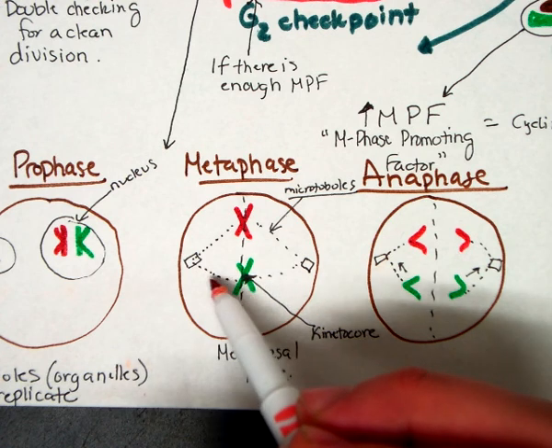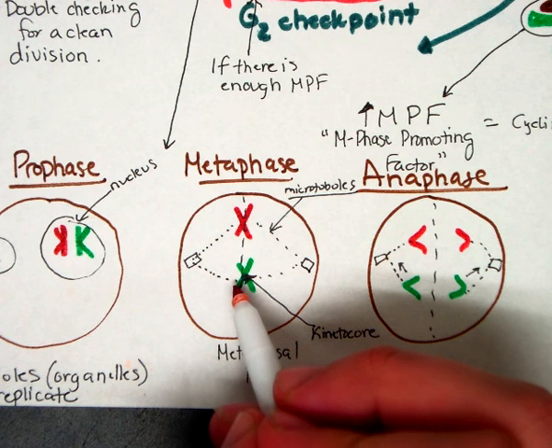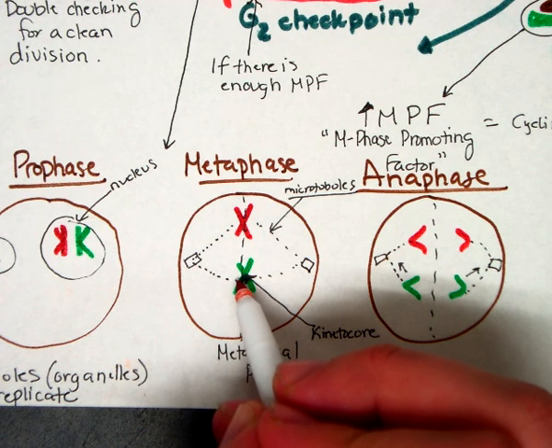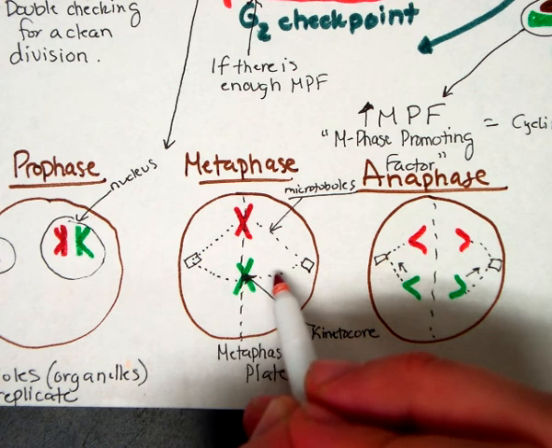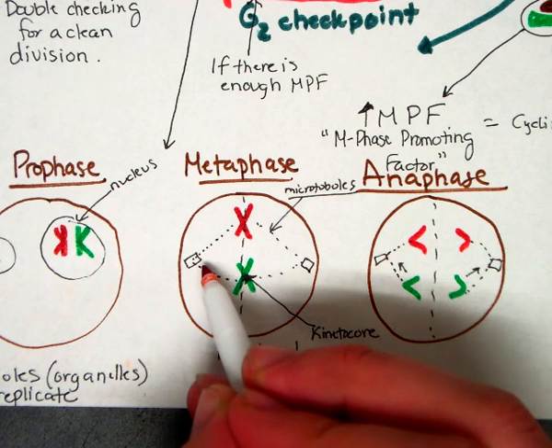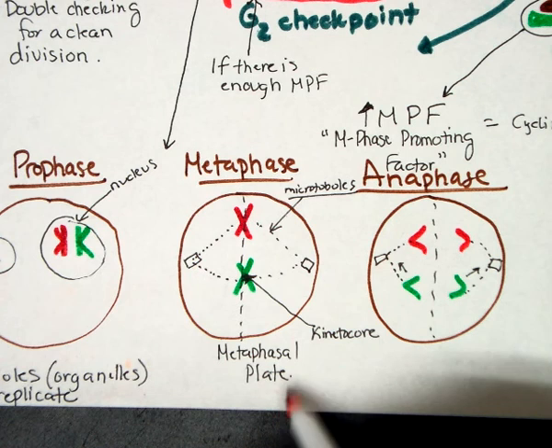That's the microtubule attached to the centromere. And if you were actually to zoom in even more, there are these little proteins that are going to literally pull the chromosome to either side of the cell. And as they do that, they actually walk along the microtubule. It's pretty cool. So we have metaphase.